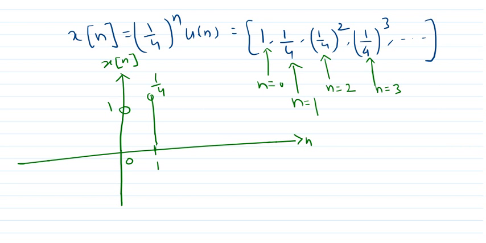For n equals 2, what is the value? 1 by 4 square, that is 1 divided by 16. For n equals 3, we have 1 divided by 4 cube. So it is decreasing.